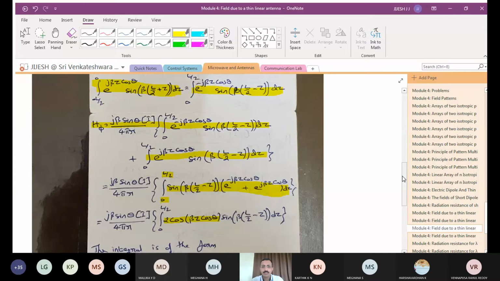Now we should concentrate on the integration of this term, that is, the integral of 0 to L by 2 of the entire term. We will look into that, and after completing the integration we will substitute in the equation for H of phi, and then write the final equation.